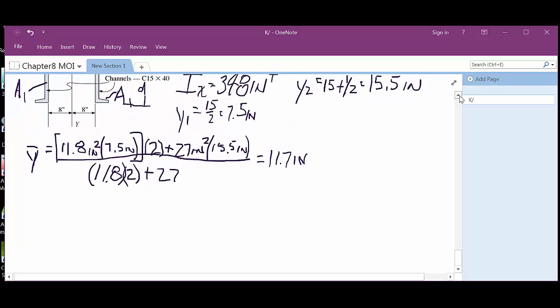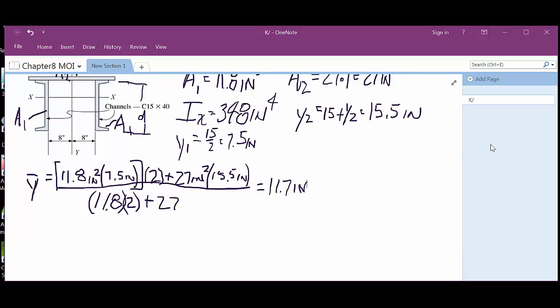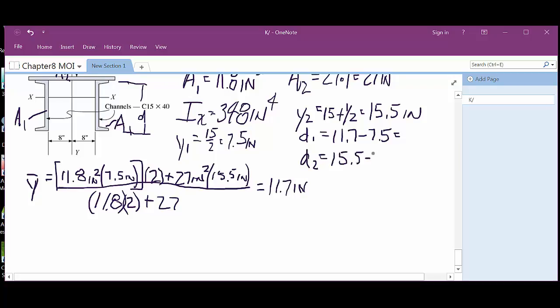Now what? We could actually get the D values then, couldn't we? The D1 and D2. So that's Y1. So 11.7 minus 7.5. And D2 is going to be 15.5 minus 11.7.